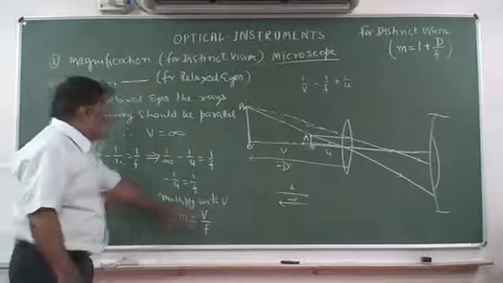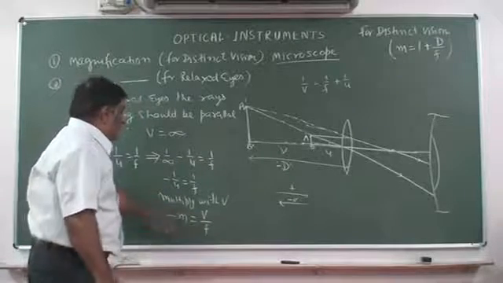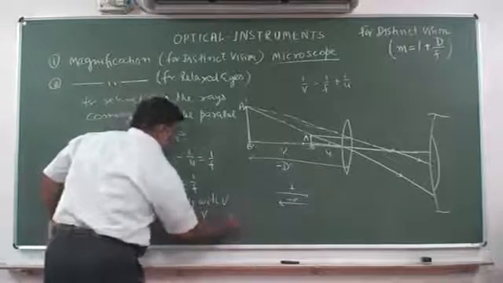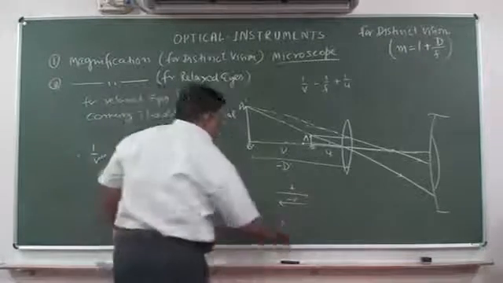Now let's put the value of V in terms of D. We want to see it clearly. So here put V is equal to minus D, and what do we get here?